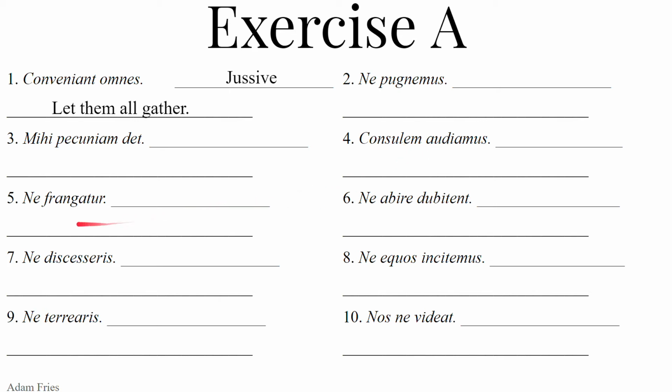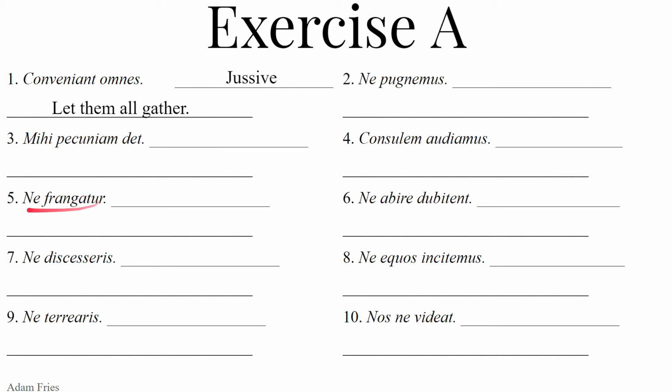Number 5, ne frangatur. So we have the negative ne, negating the subjunctive, third person singular present passive subjunctive of frango, frangere, fregi, fractus, which means to break. So let him, let her, let it not be broken, because it's passive.